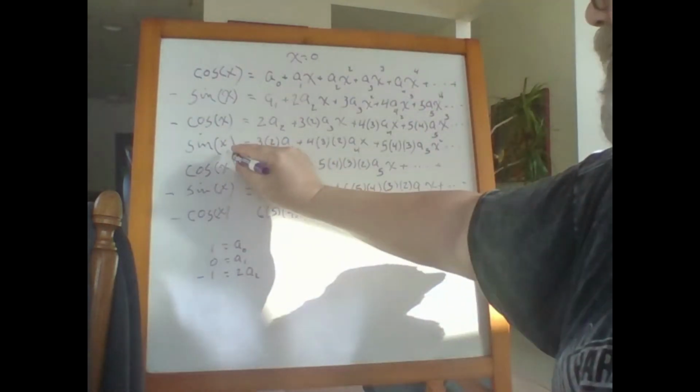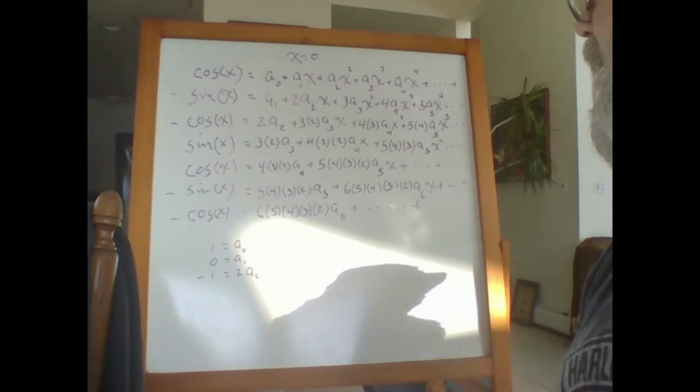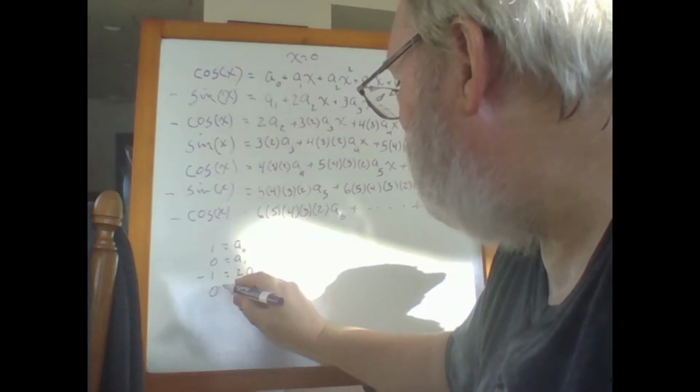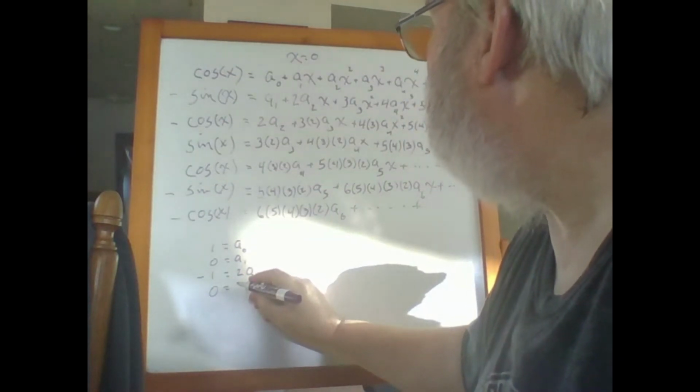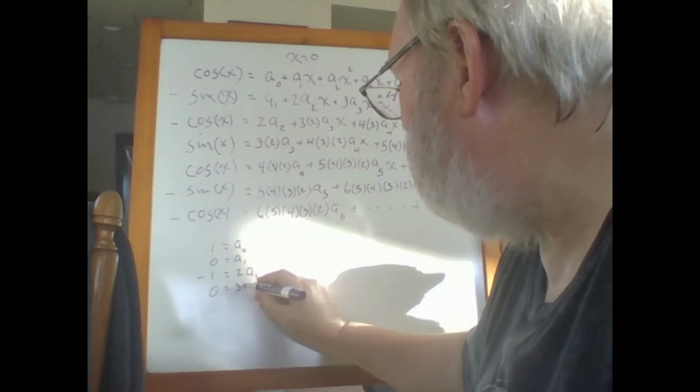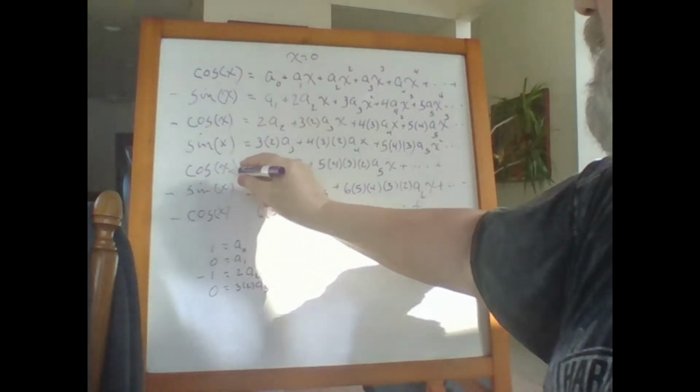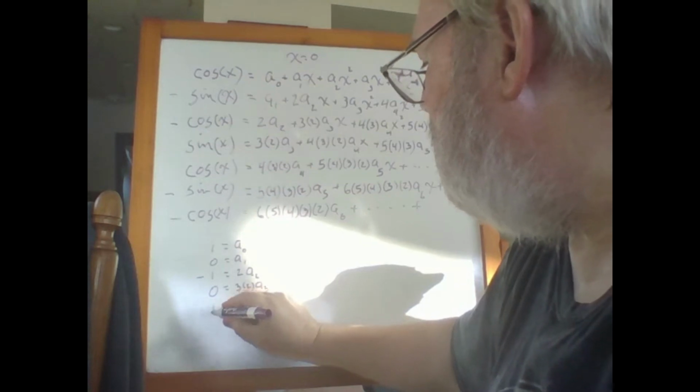And this one here, 0. Sine of 0 is 0, so there's no a3. So we got 0 equals 3 times 2 a3.